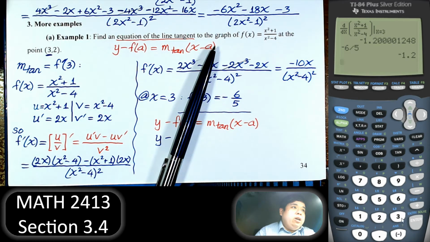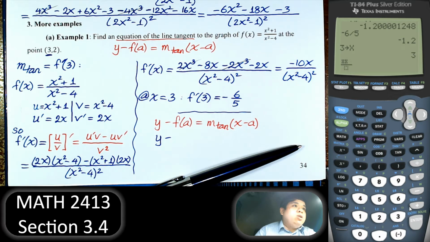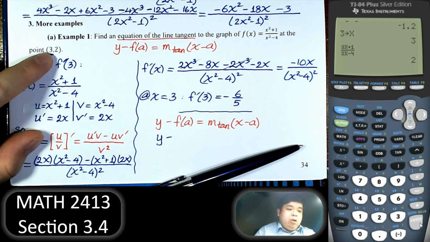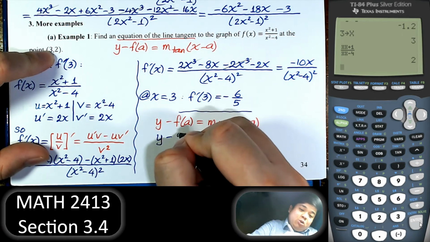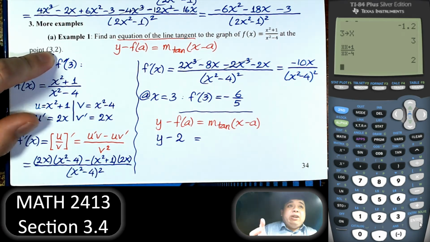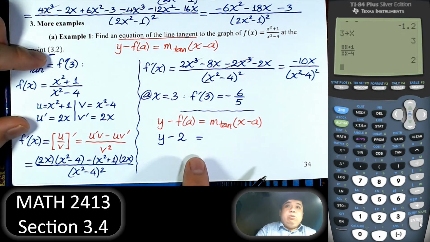So by the way, 3 stored into x, and then x squared plus 1 over x squared minus 4 is 2, of course. That's what we have already, so we don't need to do that, but I just want to check. If it's not given and it only says the tangent at x equal to 3, then we have to do that.